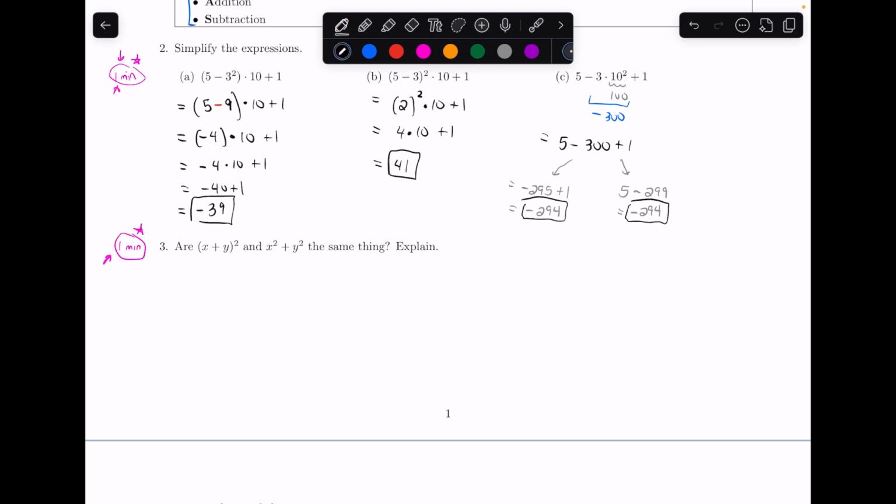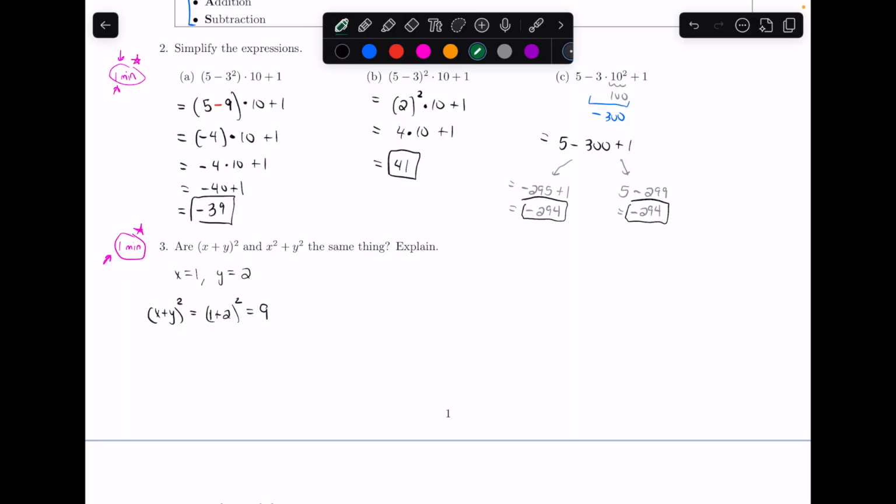All right, so let's bring it back. Let's try plugging in x equals 1, and maybe I'll plug in y equals 2. If I do that, this (x plus y) squared becomes (1 plus 2) squared, and 3 squared is 9.